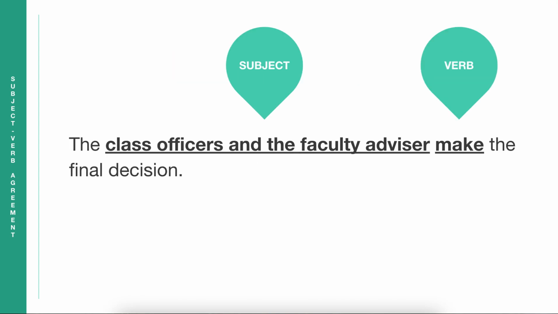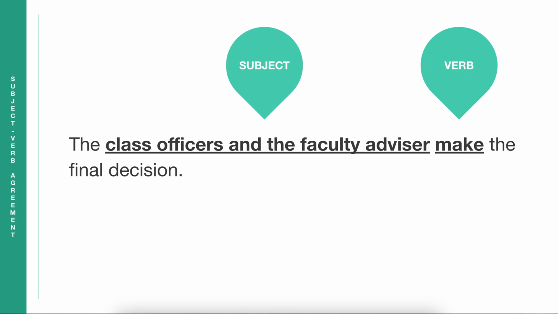However, if we put the word and between our two subjects, so in this sentence, the class officers and the faculty advisor make the final decision. If we have an and between the two subjects, then we make the verb match all of it together. And what I mean by that is because we have multiple class officers and a faculty advisor, that's multiple people all together. We're looking at the subject all together.